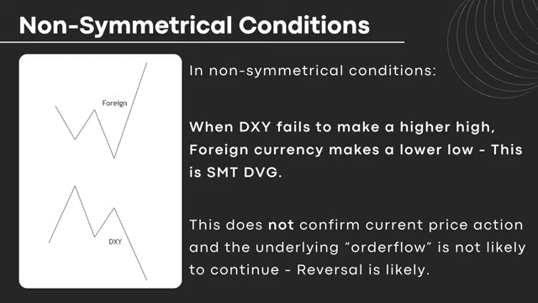If DXY failed to make a higher high, then the foreign currency should have also failed to make a lower low to continue the symmetry, but it did not, right? Because it made a lower low and showed a discrepancy, which suggests that the underlying market condition is non-symmetrical, right? This type of condition suggests that the underlying order flow is not able to continue and price does not confirm the current price action.